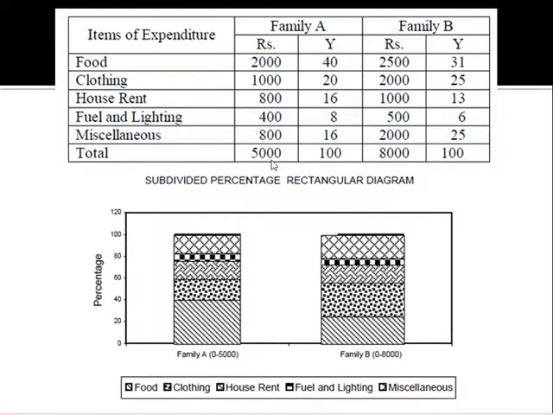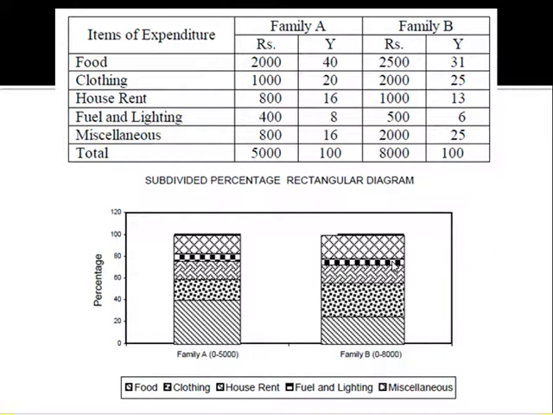You divide 5,000 by an arbitrary value, let us take 2,000. When you divide 5,000 by 2,000, you get 2.5, so 2.5 is the width of this. You divide 8,000 by 2,000, you get 4, so the width is 4. So that is how you can have a comparison.